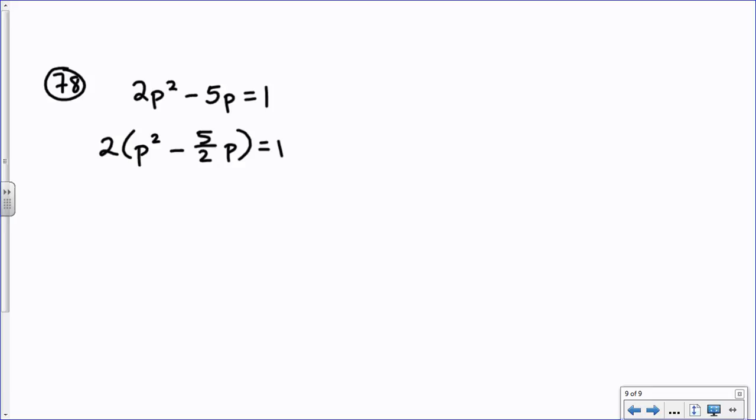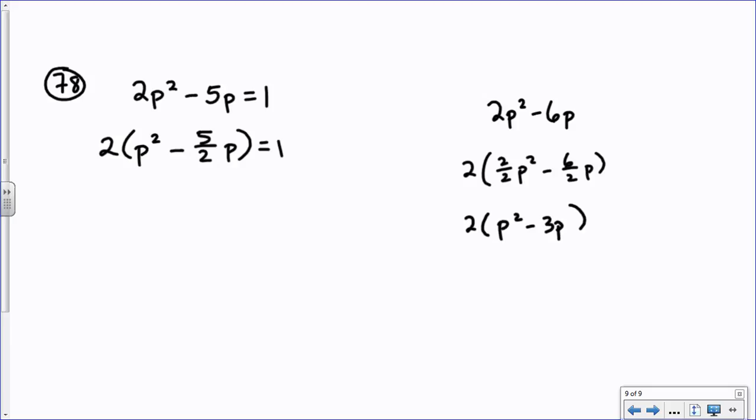So if I need to clear that, let's look at that as if it were like this, if there were a 6. Even though you do this in your head, this is what you're doing. 2 divided by 2 gives you the 1, and 6 divided by 2 gives you this.